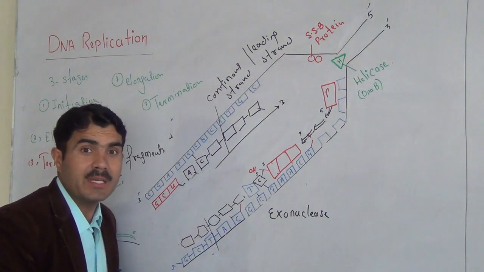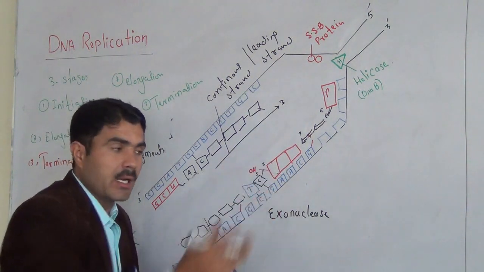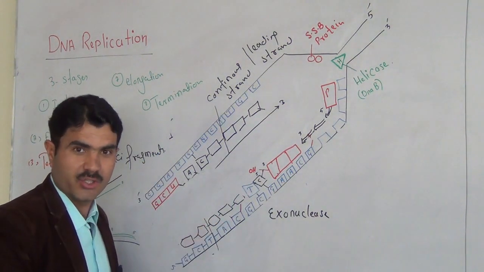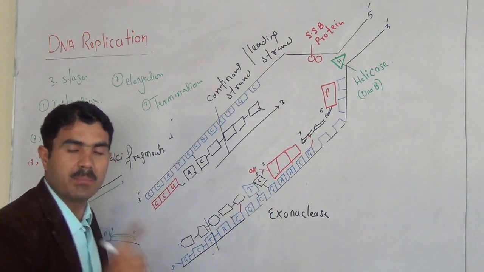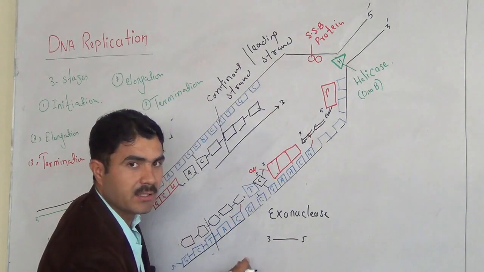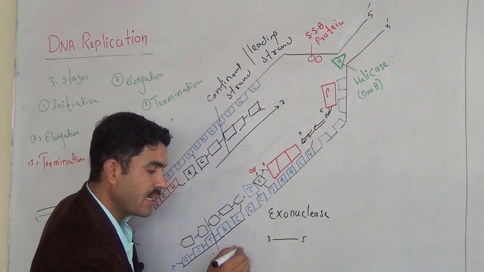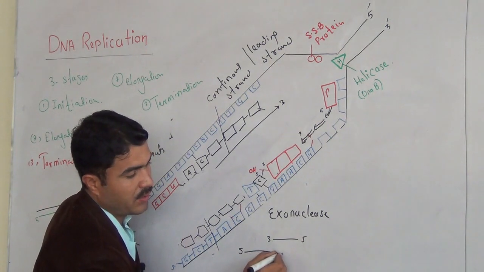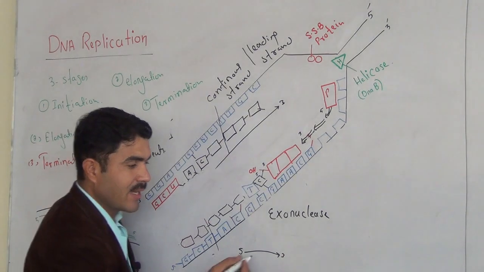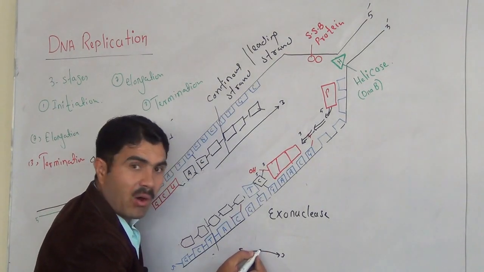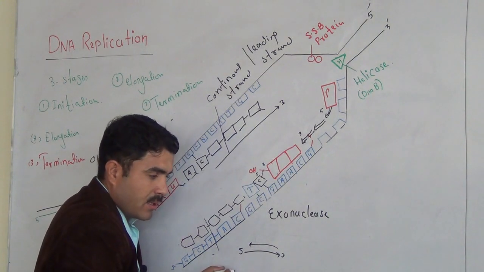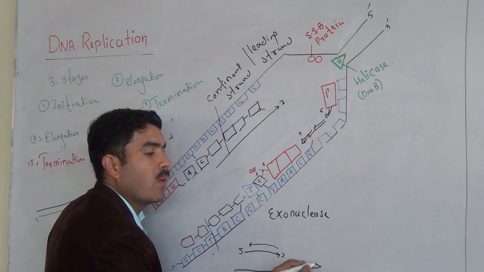So the DNA polymerase on one side can make a new chain, and on the other side it also has the ability to break down a chain. So it can break the chain in the 3 to 5 direction. Means if you are making a chain in the 5 to 3 direction, the DNA polymerase has the ability to break it down in 3 to 5, like in this direction. So the DNA polymerase is moving in the forward direction.